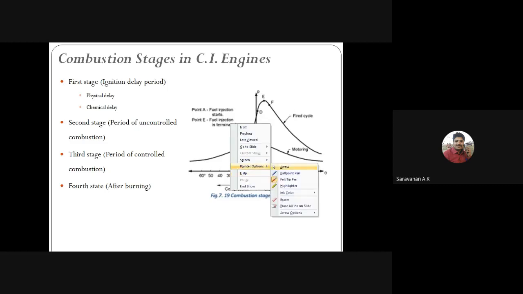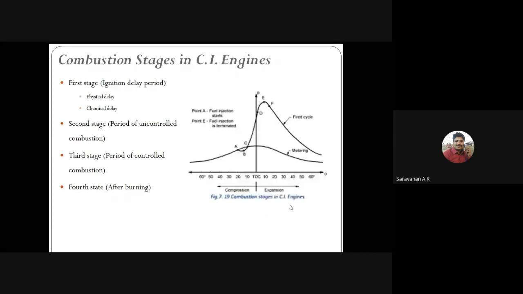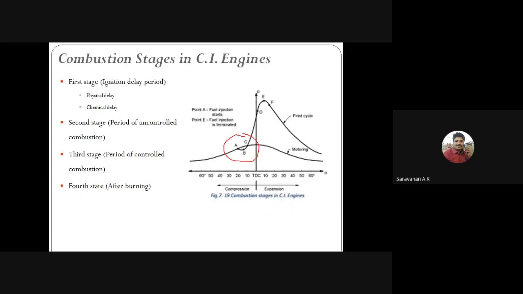Can you understand these 3 points in this graph? A point is the fuel injection starting point. Due to the physical delay, due to the vaporization process, the latent heat will be received from the surrounding air inside the cylinder. At that time, it will slightly drop its pressure.